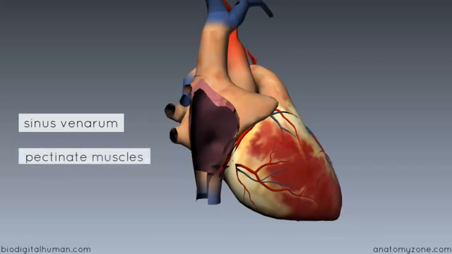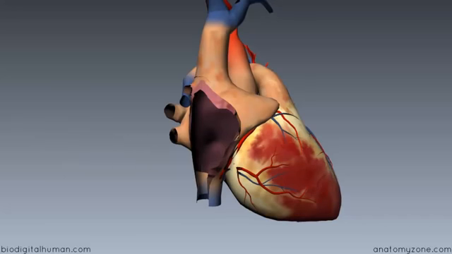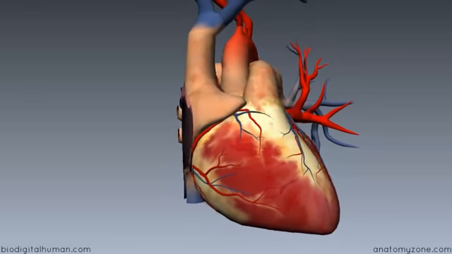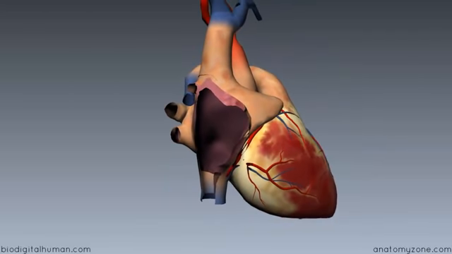What I want to do now is, we've taken this slice of the right side of the heart, and I want you to imagine that we've flapped open the anterior aspect of the right atrium. So I'm going to draw on this atrium opened up. This is the anterior aspect of the right atrium being flapped open.